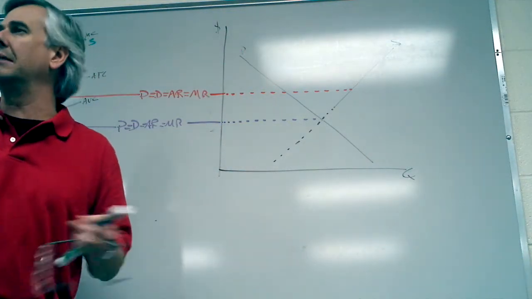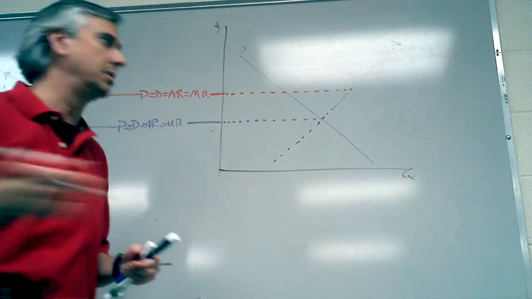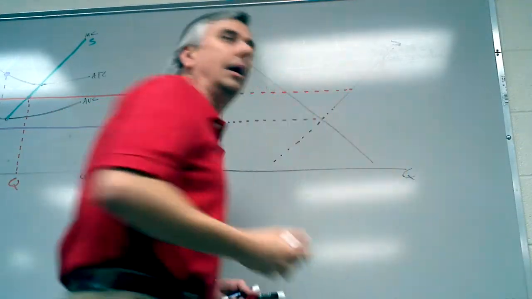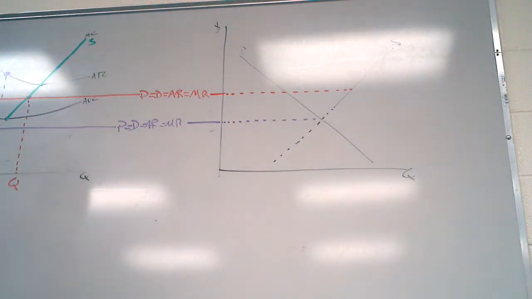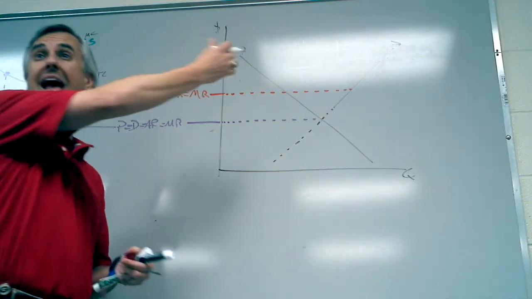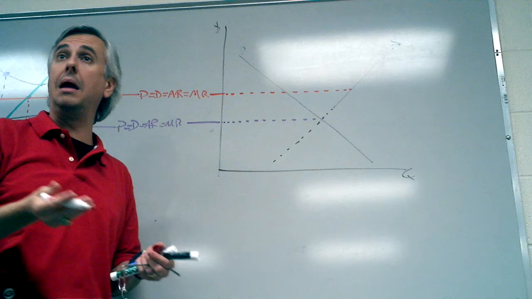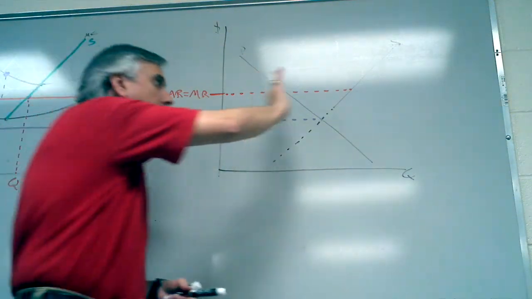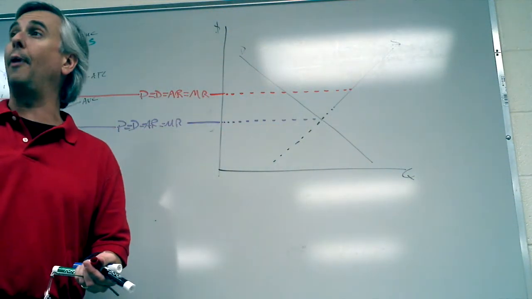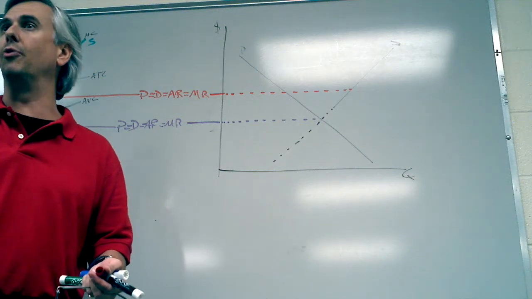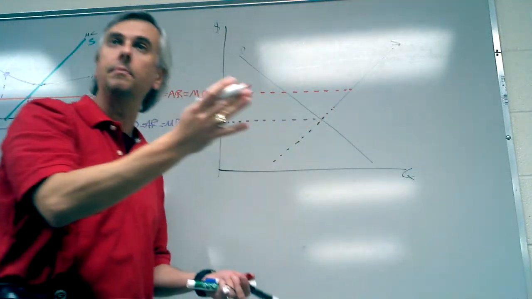Let's just say it's demand. People decide they really like greebies, okay? How do we know which one it is on the test? In this case, you don't. On the test, I'd give you some indicator, okay? Maybe a tax, boom. Or maybe people decide they really like this product, boom. Or maybe the price of a substitute rises, boom, right?